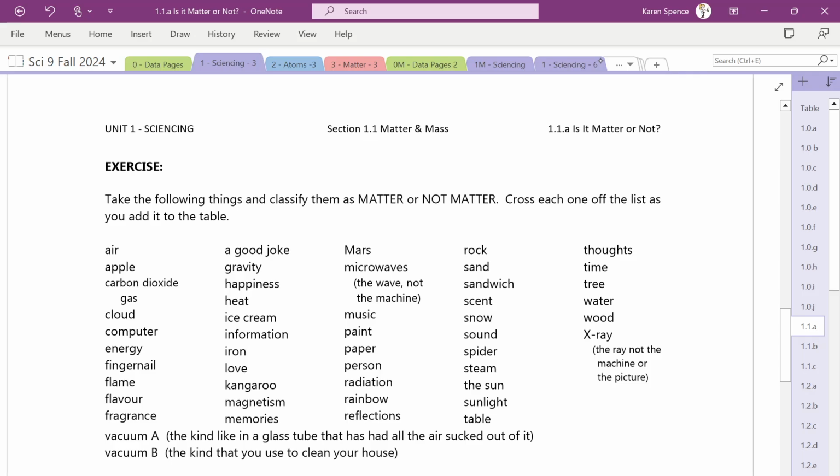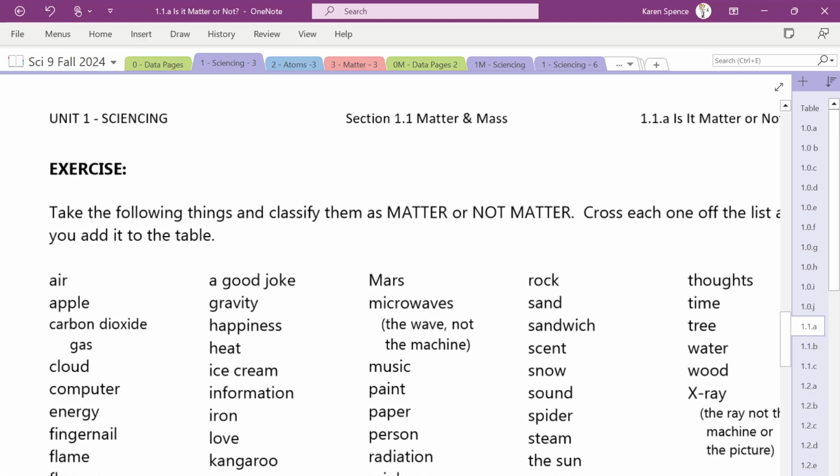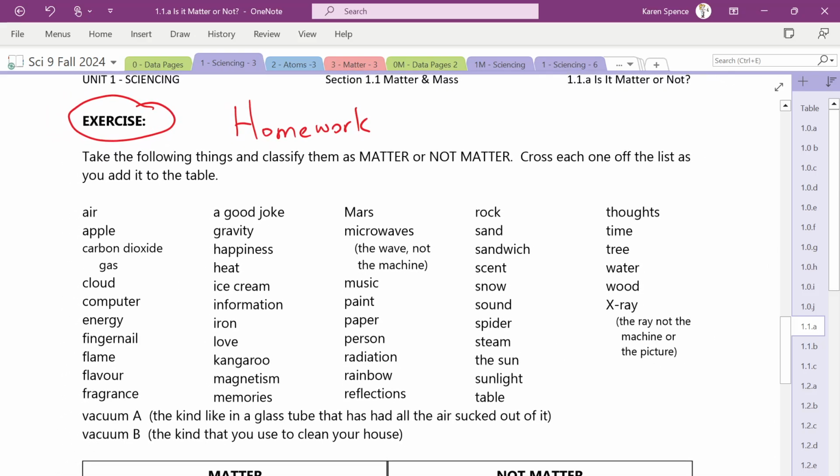We've got like 1 minute left. And I'm going to give you your homework and that's it. Okay? So, exercise. This is your homework. You are going to take each of these and put it in either the category matter or not matter.